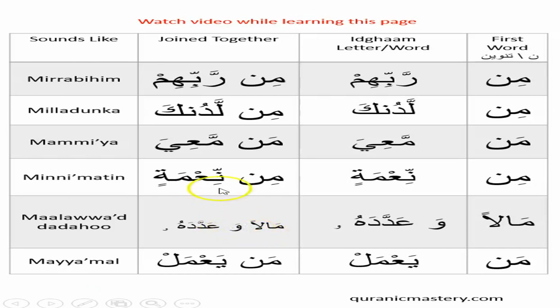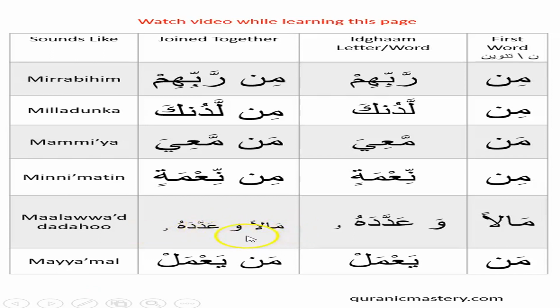This has a shadda, this has the shadda, this has the shadda. So the ra, lam, meem, and the noon itself, they all have shaddas. But the waw, and in the next example the ya, have no shadda, even though we are merging them. There's a specific reason for it, but you don't need to worry about it for now.